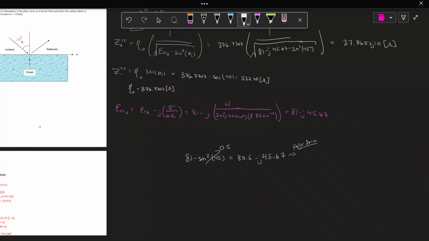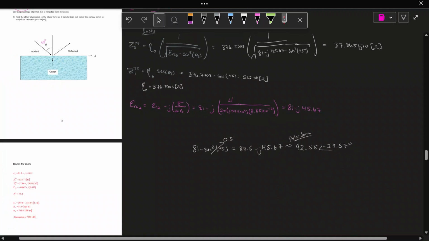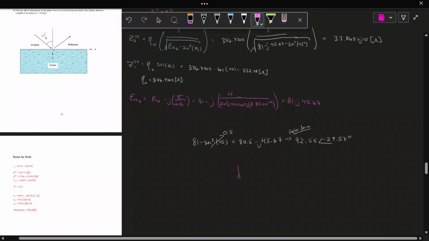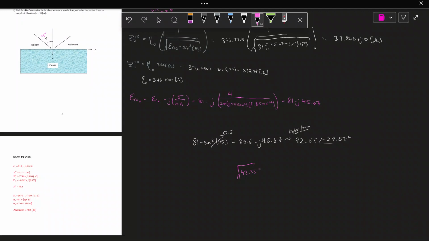So you have 80.5 minus 45.67i. Then you find this value, which is 92.55 angle of negative 29.57 degrees. And now when you take the square root of it, you take the square root of the magnitude, and then half of the angle, negative 29.57 degrees divided by 2.